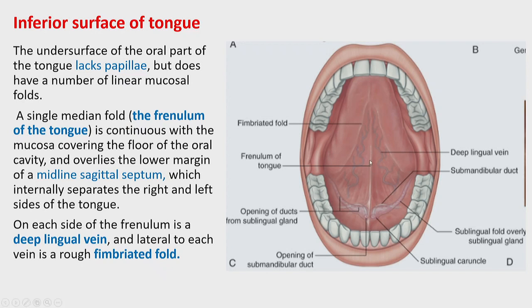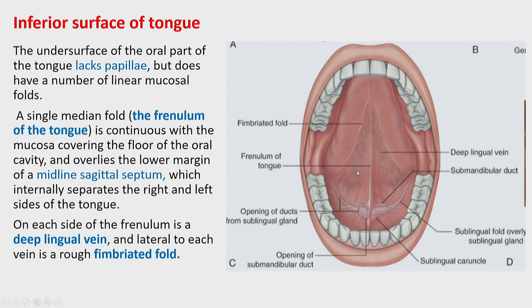On each side of the frenulum, if you go home and look in the mirror at the inferior aspect of your tongue, you will see a bluish color lateral to this frenulum. This bluish structure is the deep lingual vein, which lies just under the mucous membrane.